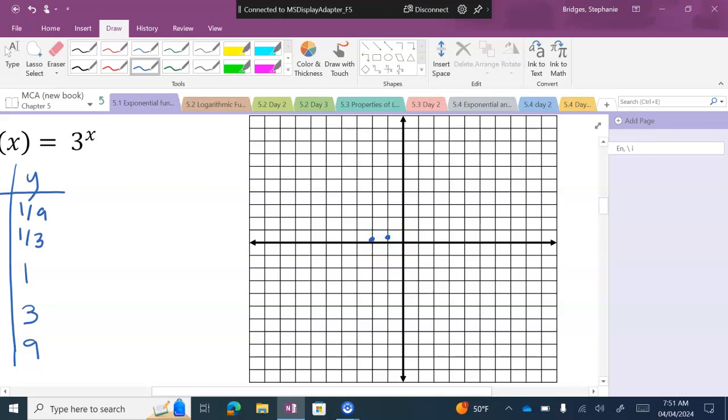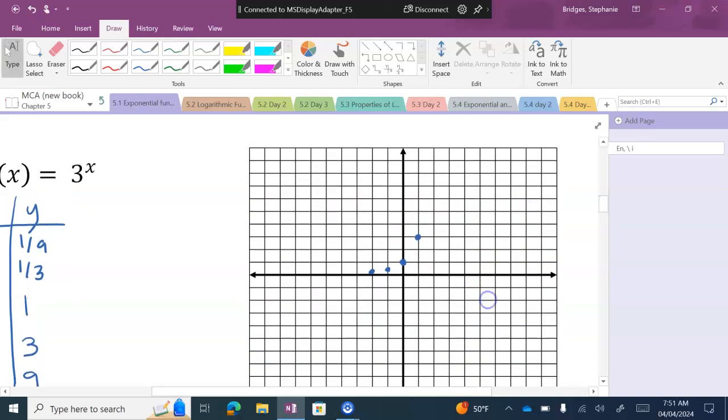And again, those fractions are all just approximations. We get them as close as we can. Then we have the point 0, 1 that we will plot. And then the ordered pair 1, 3. And then 2, 9.